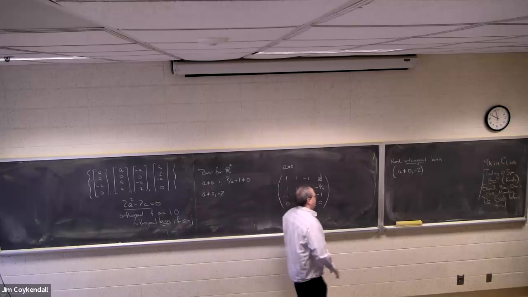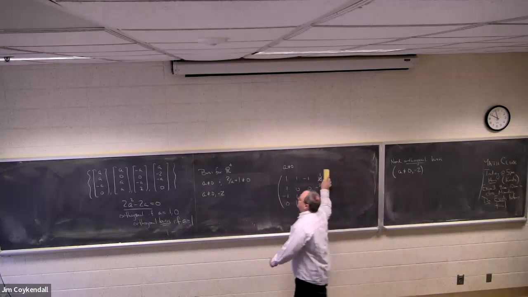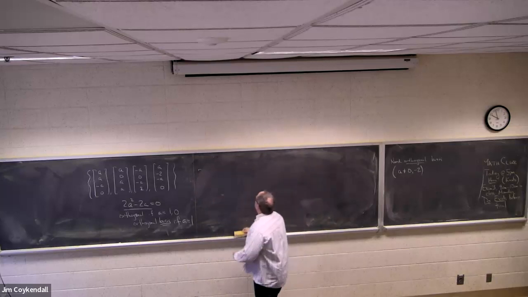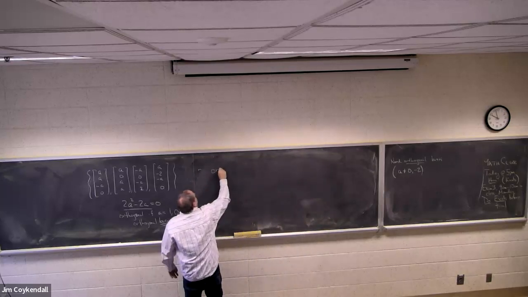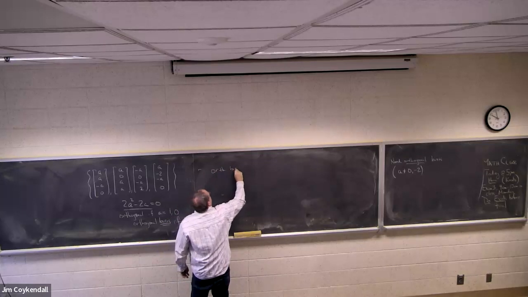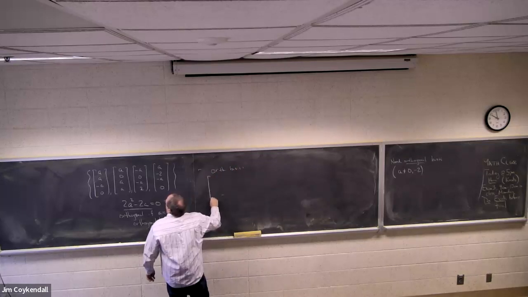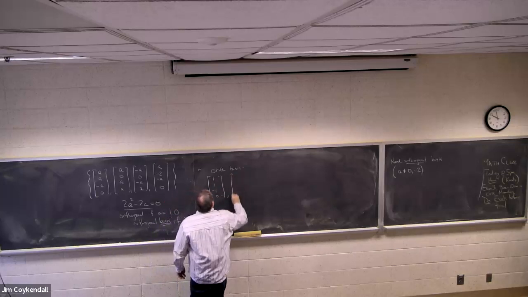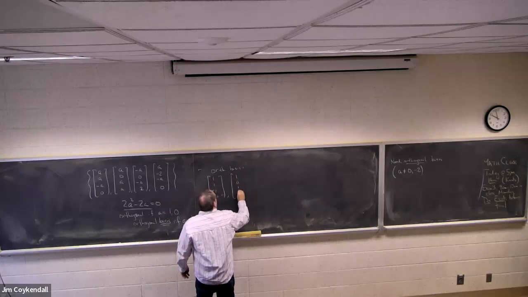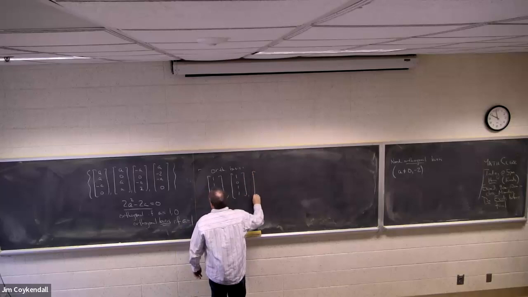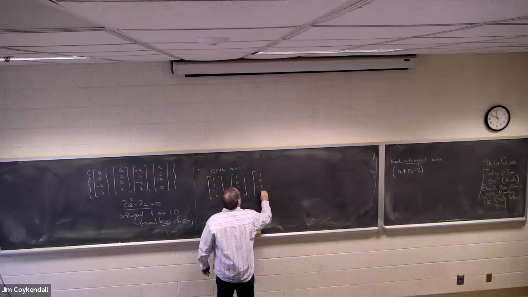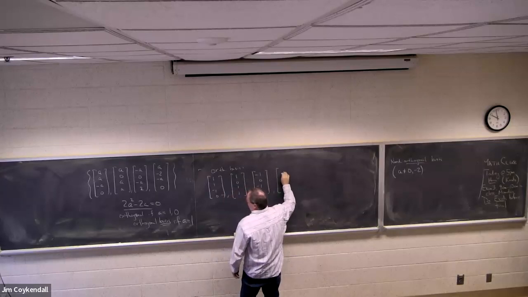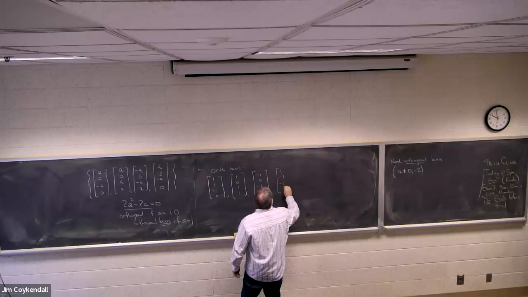So our orthogonal basis is this: 1, 1, minus 1, 0; 1, 0, 1, 1; minus 1, 0, minus 1, 2; and 1, minus 2, minus 1, 0.